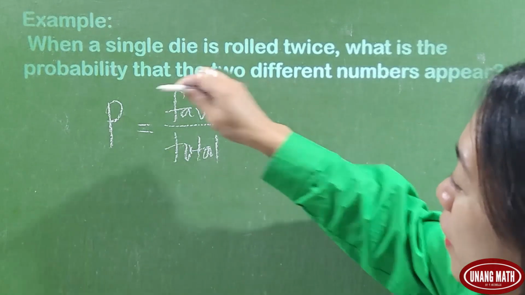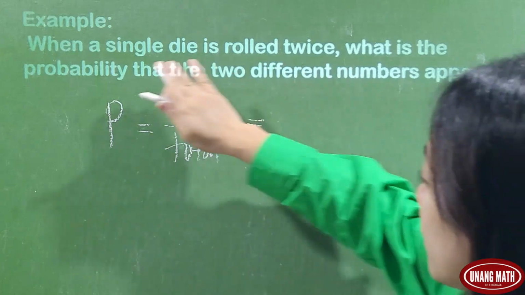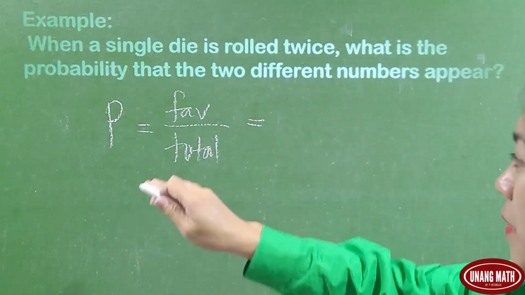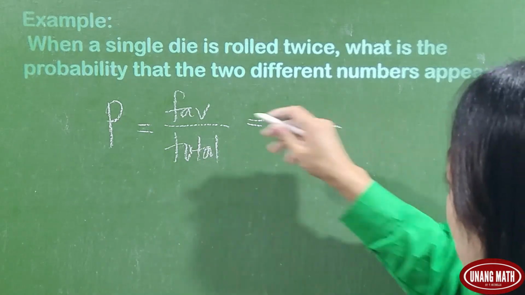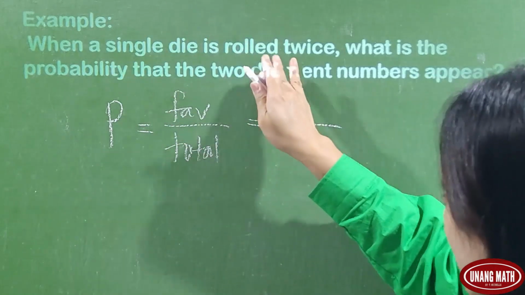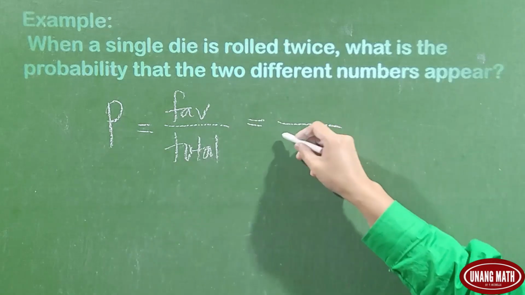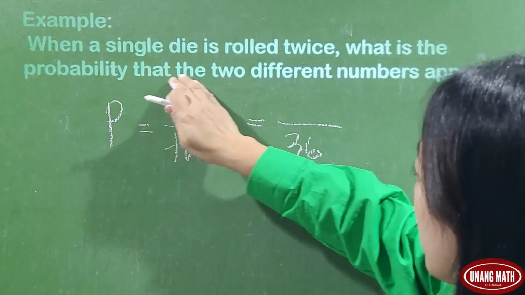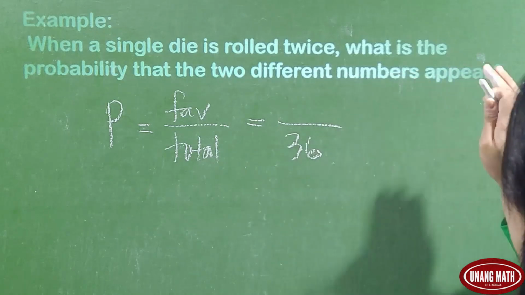In this problem, a single die is rolled twice. So the total possible outcome is 6 times 6 because it's rolled twice. So the total possible outcome is 36. What about the favorable outcome? What is the probability that two different numbers appear?